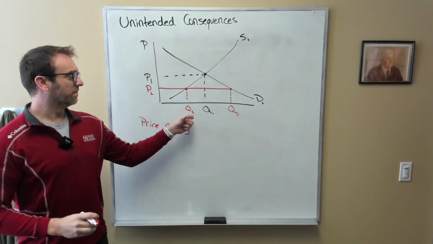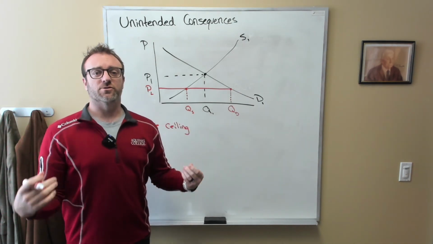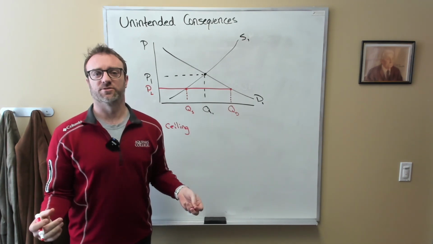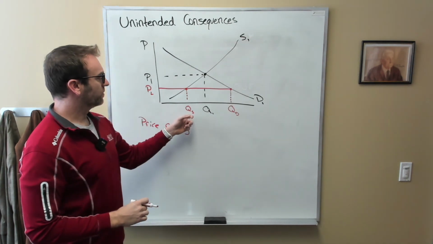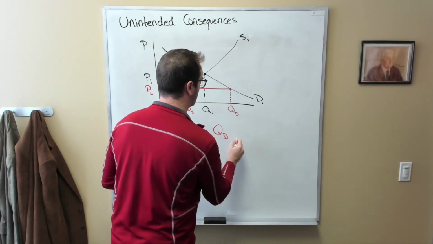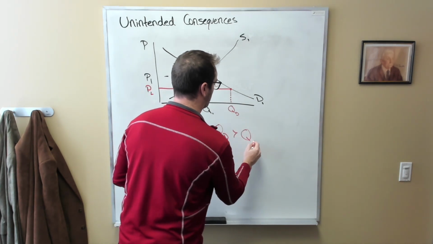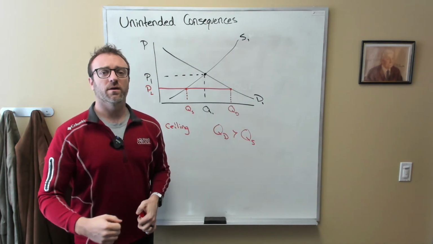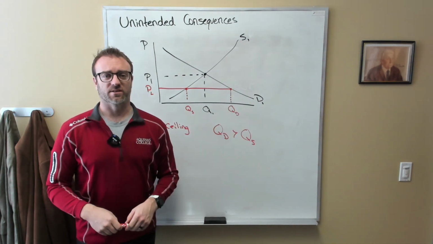So this would be the amount of healthcare that is actually provided to what we could call the market or to society. So this is a problem because in this case, the quantity demanded is greater than the quantity supplied. In other words, people want more healthcare than actually exists.